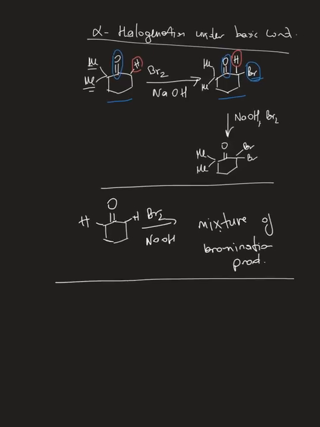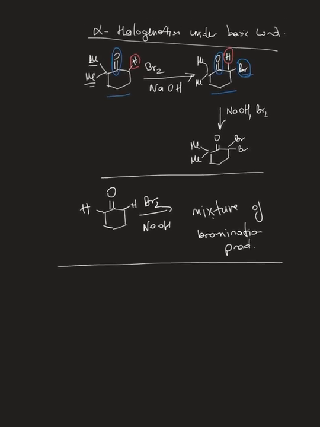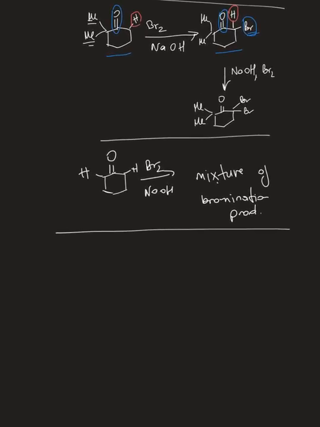All right, but there's one application of this reaction which is very useful, and that is if you have, for example, methyl ketones where on the other side there are no protons, like a phenyl group, for example, right?